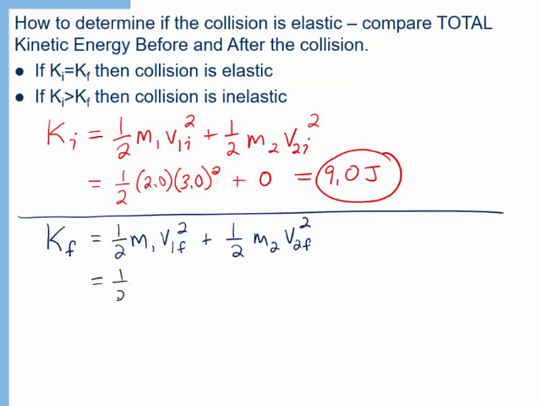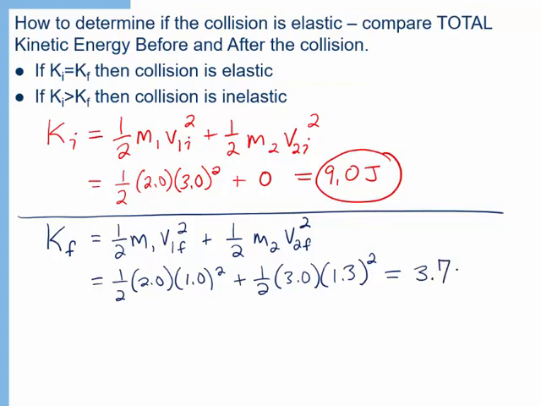We know that object 1 had a final velocity of 1 meter per second, and we determined that object 2 had a final velocity of 1.3 meters per second. So that's the calculation that we need to do. If you go through and calculate this yourself, what you should find is that the final kinetic energy is 3.7 joules.